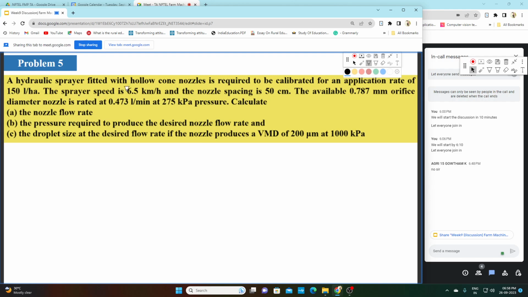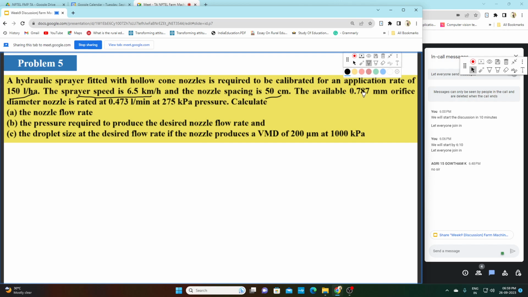So here, a hydraulic sprayer fitted with a hollow cone nozzle is required to be calibrated for an application rate of 150 liter per hectare. The application rate is given. Second thing, the speed of the sprayer is given as 6.5 km per hour. Nozzle spacing is given as 50 centimeter.